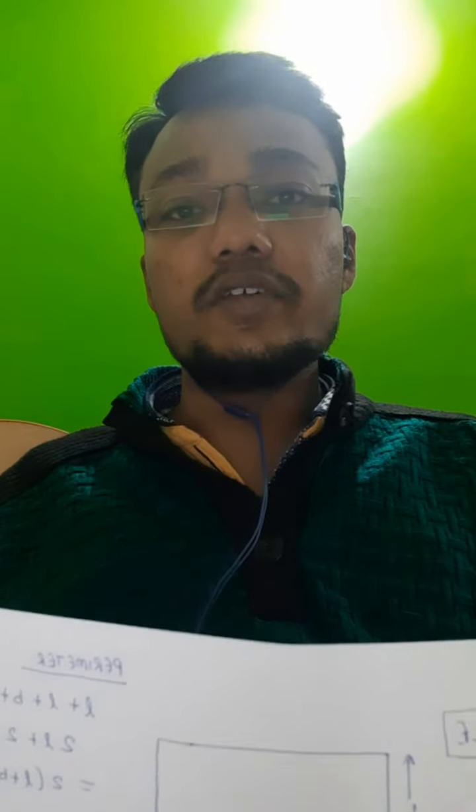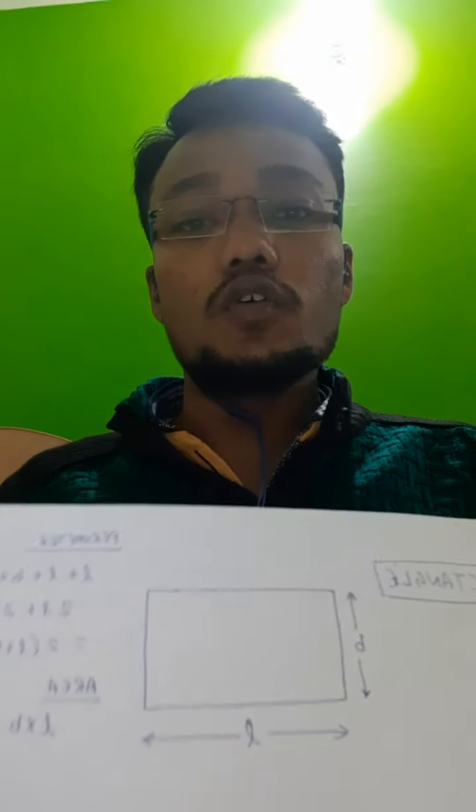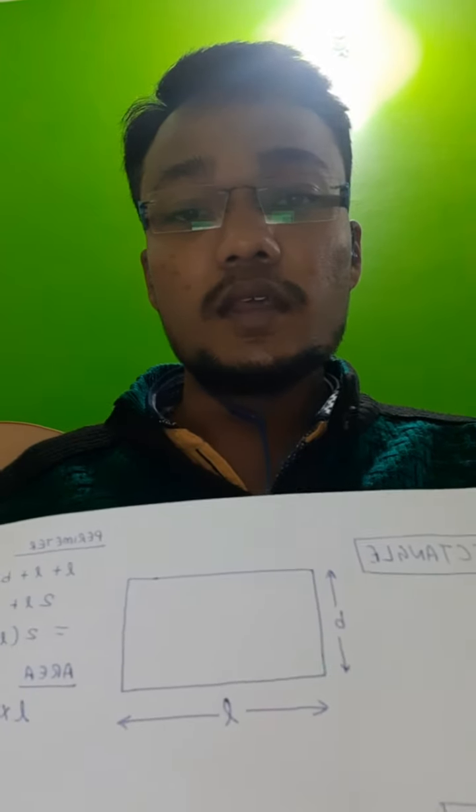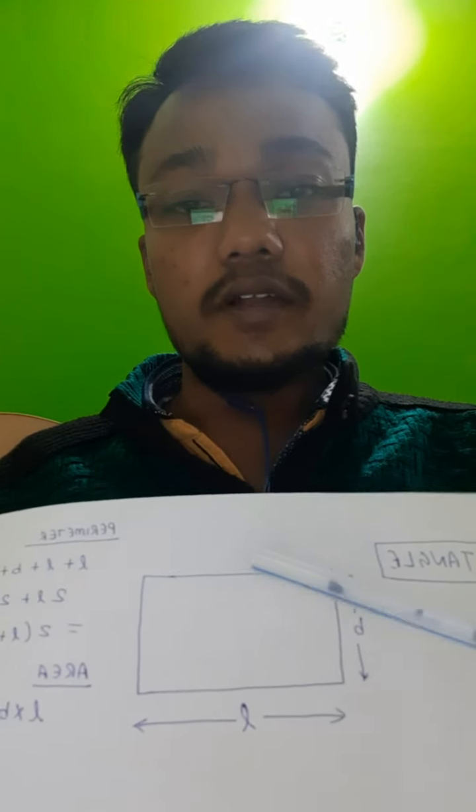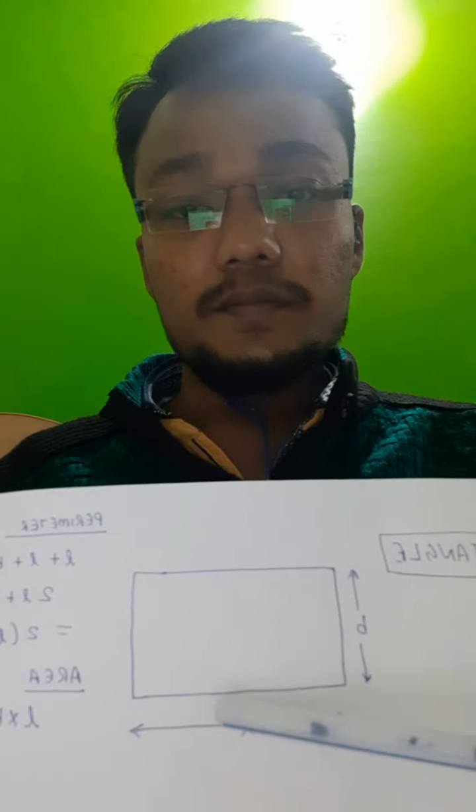With that basic definition of a quadrilateral, we'll move towards the first type of quadrilateral, which is a rectangle. A rectangle is a type of quadrilateral in which we have opposite sides parallel and adjacent sides perpendicular. In this figure, as you can see, we have a rectangle in which the opposite sides are parallel and equal.